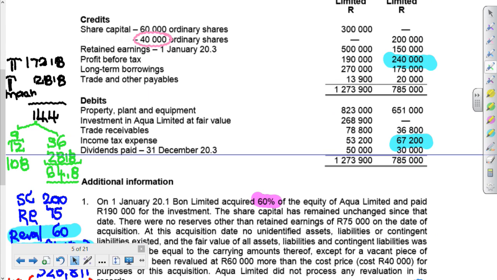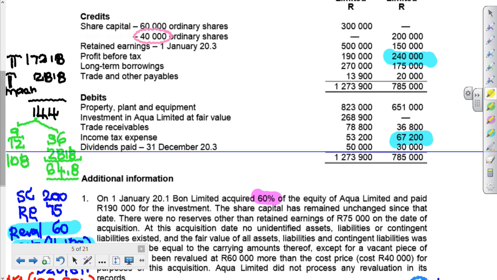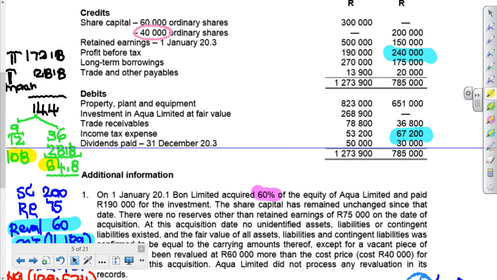Yeah. And look, this is what needs to balance. This 108 plus this 64.8 needs to tie up to that total profit. And it does. Okay. So we've got our split of the profit, so we can do our second acquisition.